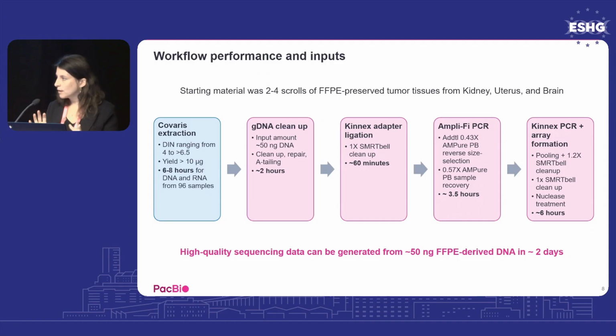We start with approximately 50 nanograms of input DNA, and it took us more or less 2 days from extraction until starting the sequencing. So the key message here is that with this workflow, we were able to start sequencing FFPE.